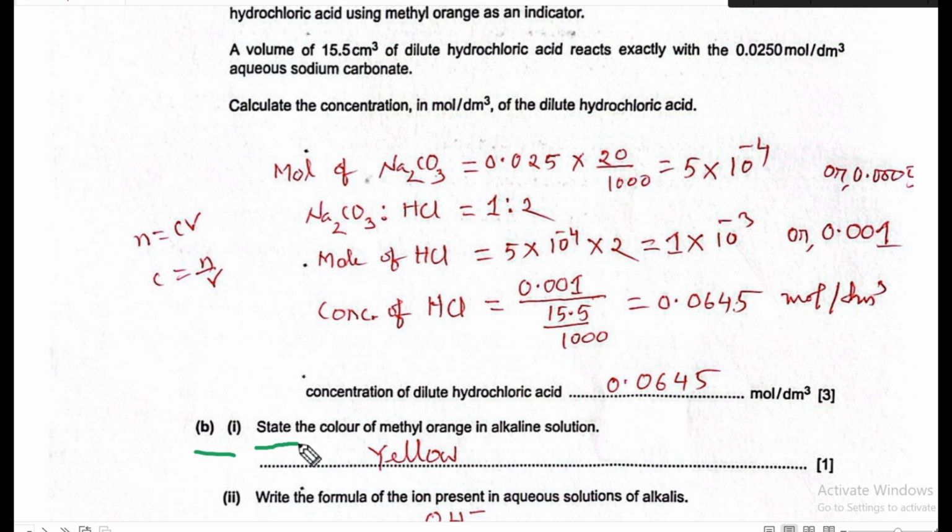B1, state the color of methyl orange indicator. You know, methyl orange in alkali is yellow, in acid red, at neutralization orange. So as it is an alkaline solution, this color will be yellow; acid red, neutralization orange.